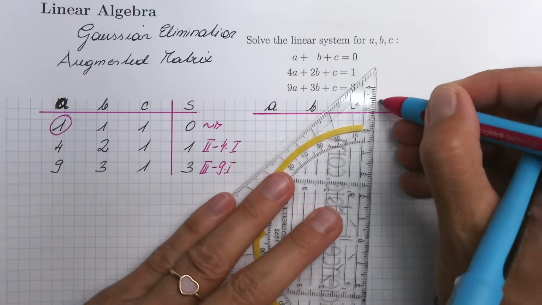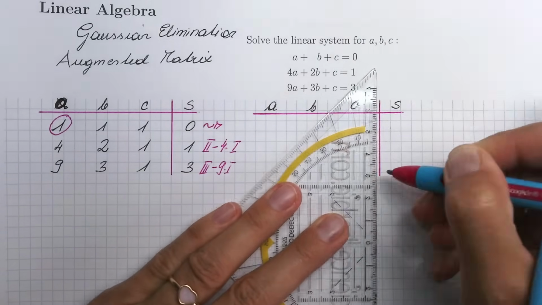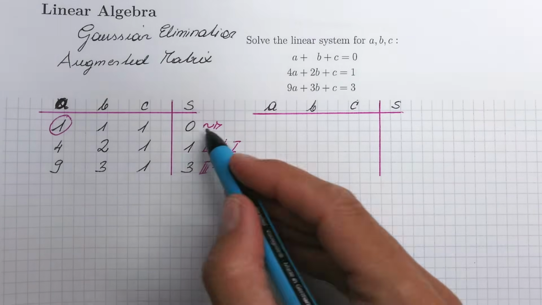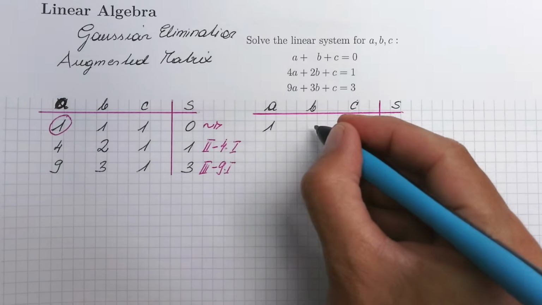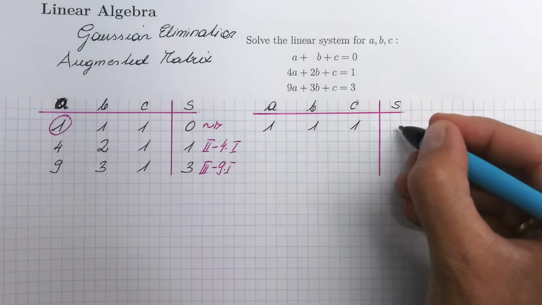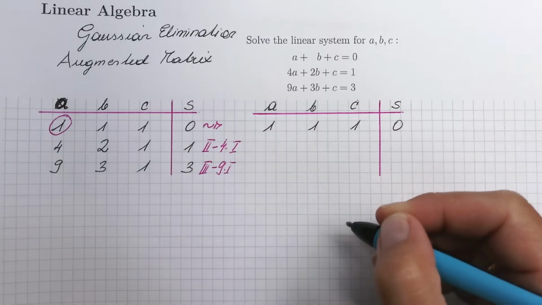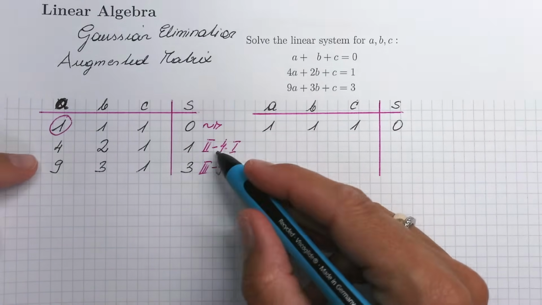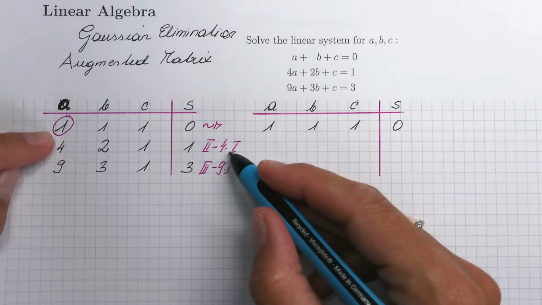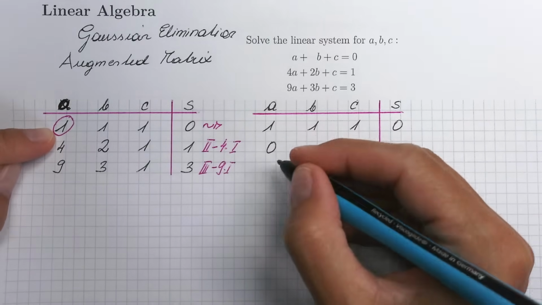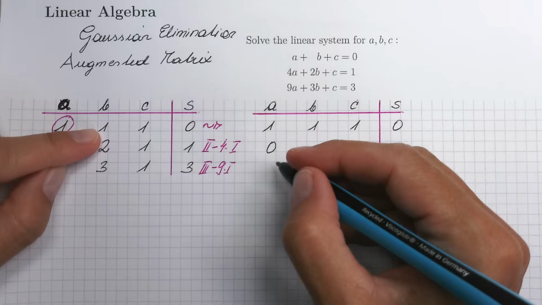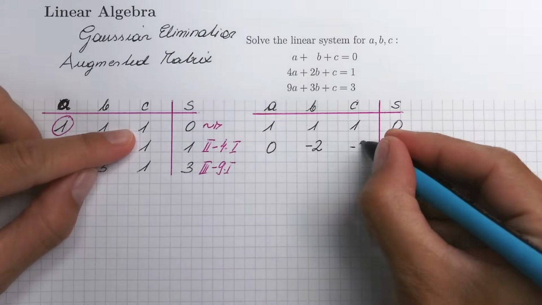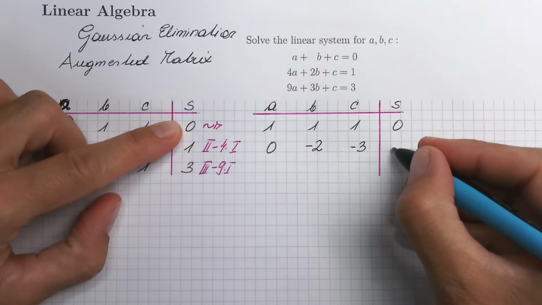And we're of course going to find the entries of this matrix. We can start with writing down the first line of this matrix, because this remains untouched. Now the second line is the second line minus 4 times the first one. 4 minus 4 is 0, 2 minus 4 is minus 2, and 1 minus 4 is minus 3. 1 minus 0 is 1.